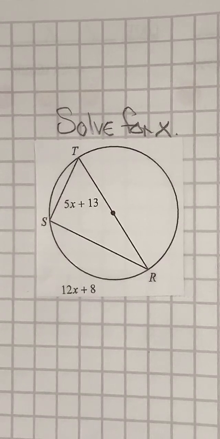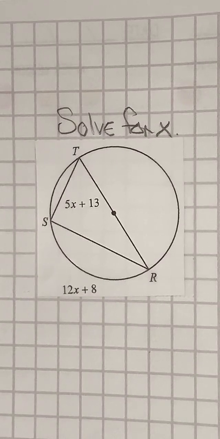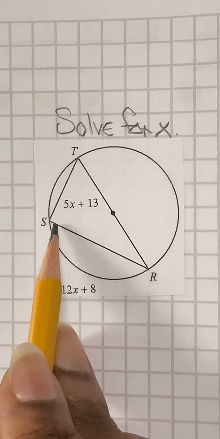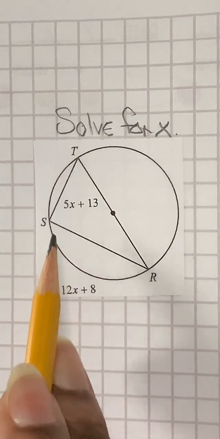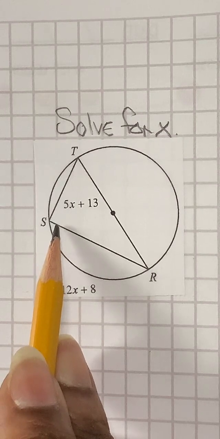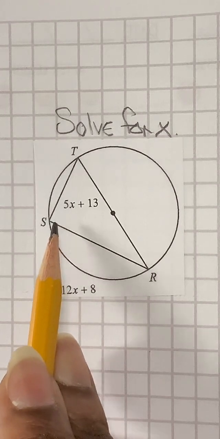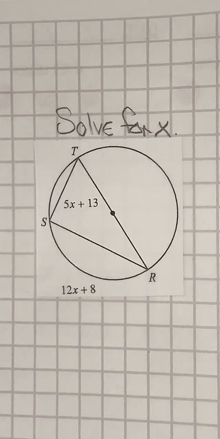Now, where is that indicated, Justin? Are they giving me any indications that I have a right angle? Do I see that box at the S? Because if you don't see the box, you can't assume. So yes, we are solving for x.